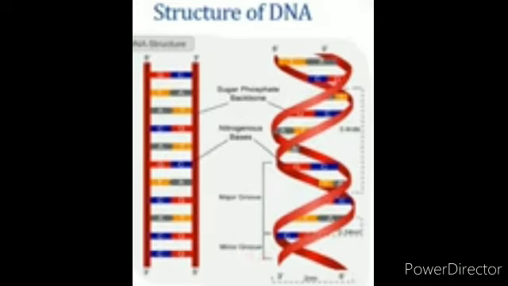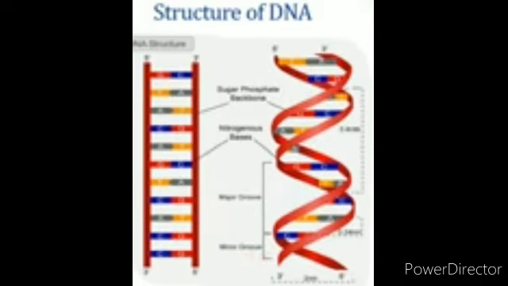The sugar and phosphate are present in the backbone of the polynucleotide chain. The nitrogenous bases are arranged inside the structure, in the middle, and the sugar and phosphate are in the backbone.